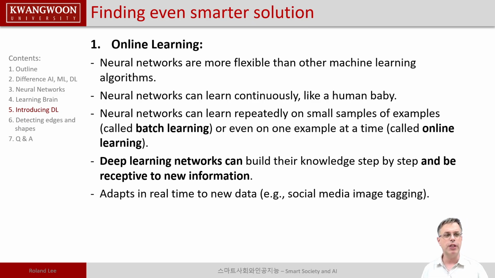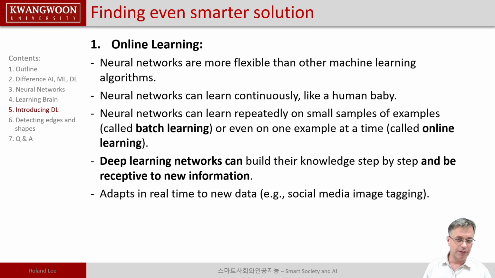So we differentiate between batch learning and online learning here. Deep learning networks can build their knowledge step by step and be receptive to new information that may arrive, for example, like a baby's mind, which is always open to new stimuli and learning experiences.